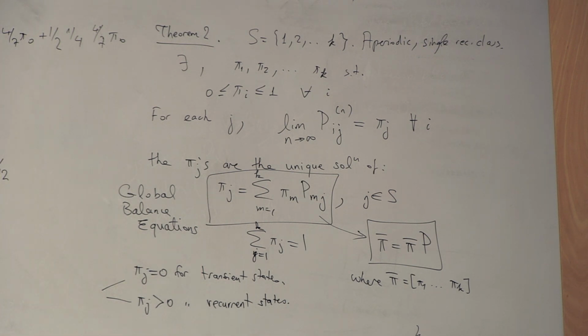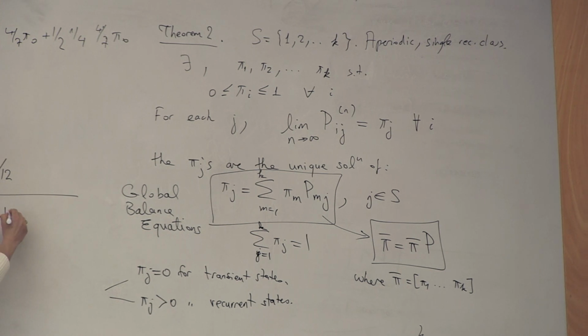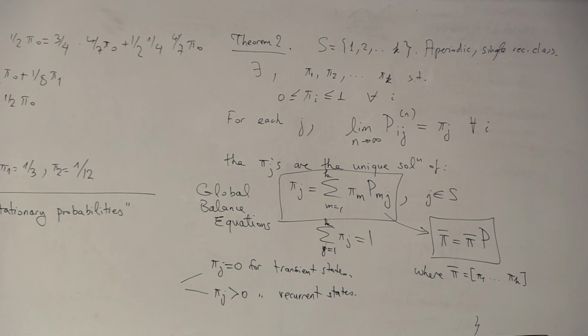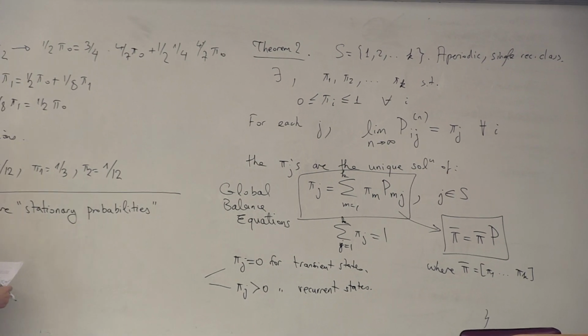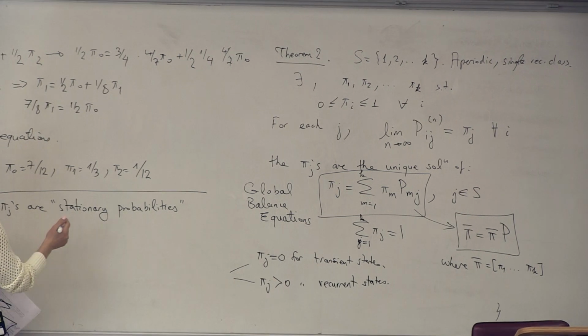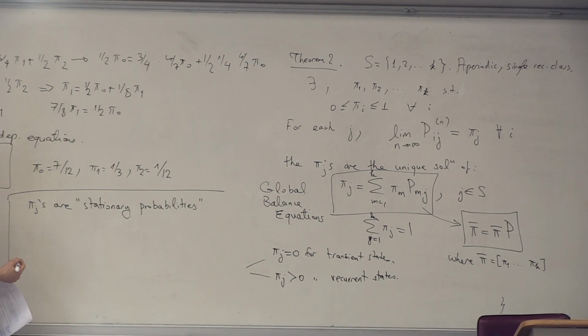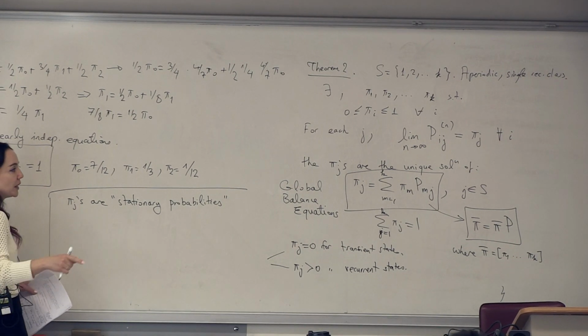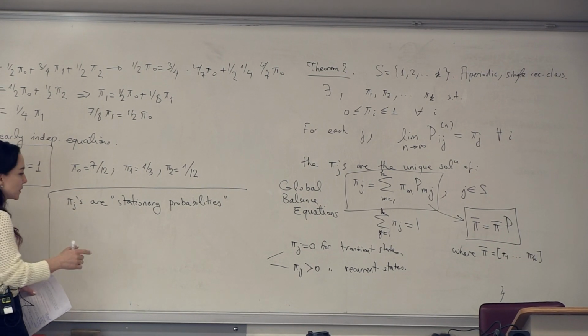Let me just write it here. Pi j's are stationary probabilities because, consider getting the process started in various states with these probabilities.